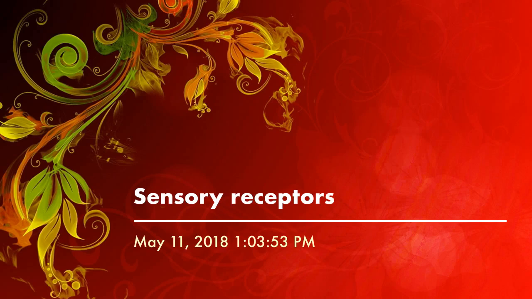Okay, so we could say where the synapse is. Spinothalamic, the first one synapses in the dorsal horn, and then in the thalamus. And the posterior column synapses in the medulla, and then the thalamus.